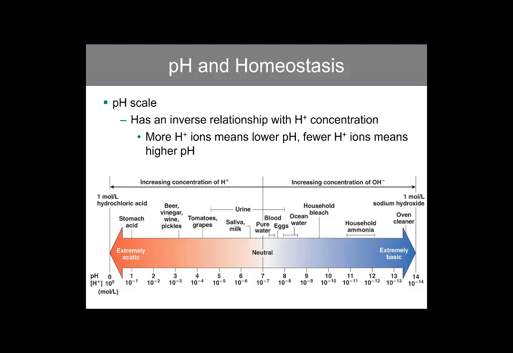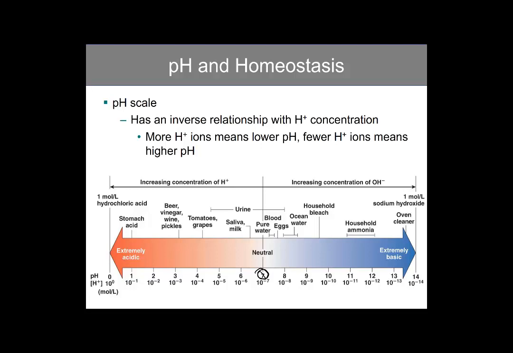Looking at the pH scale, it goes from 0 to 14, where a neutral pH of 7 indicates a balance between hydrogen ion concentrations and hydroxide ion concentrations. If you were to take some examples, we'll look at something extremely acidic, such as stomach acid.